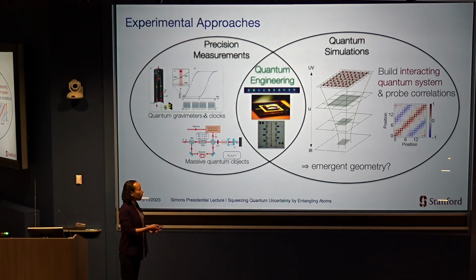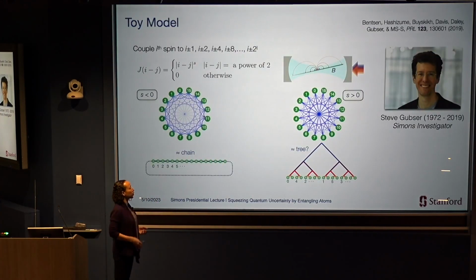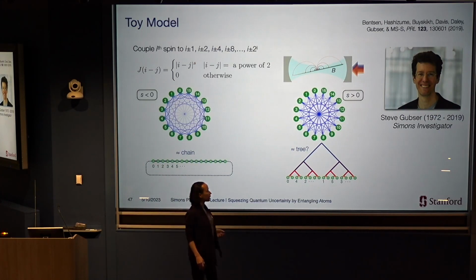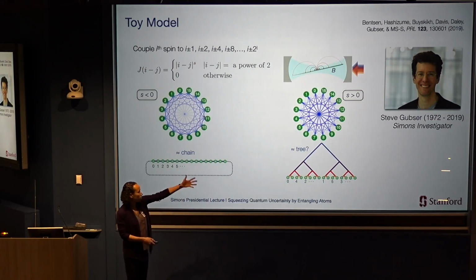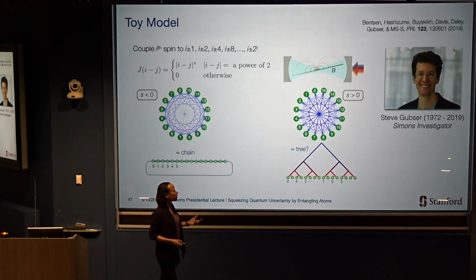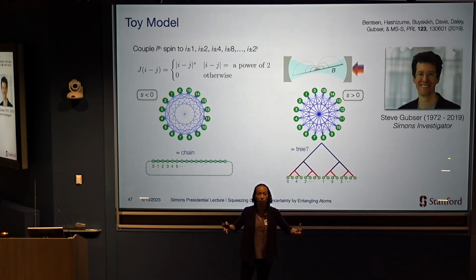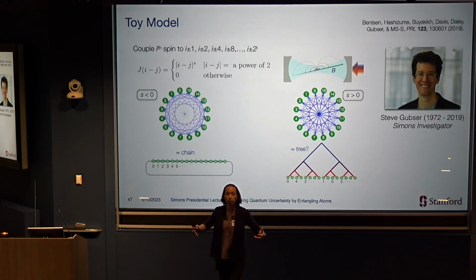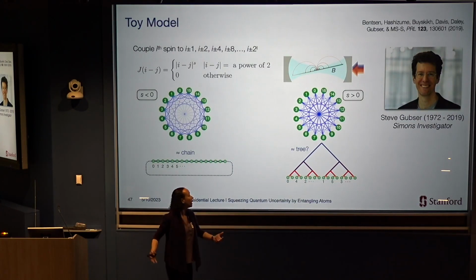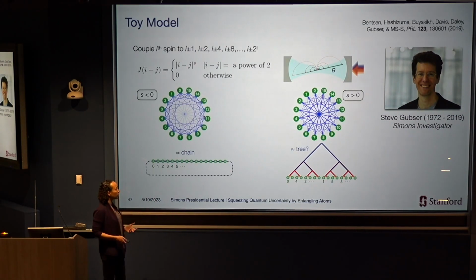Okay, so I wouldn't have known how to go about doing this as a naive experimentalist, but I was very fortunate to collaborate with Steve Gubser, a brilliant theoretical physicist at Princeton, who was also a Simons Investigator. And in collaboration with Steve, we had an idea for what might be a microscopic model that one could build in the lab that would give rise to this sense of emergent geometry and some emergent curved space as the best description of the entanglement in the system.